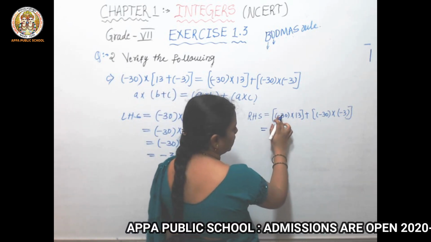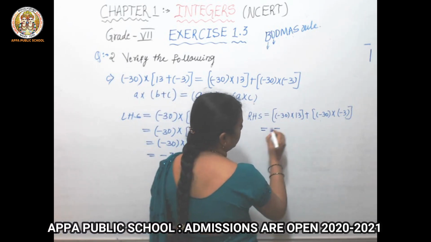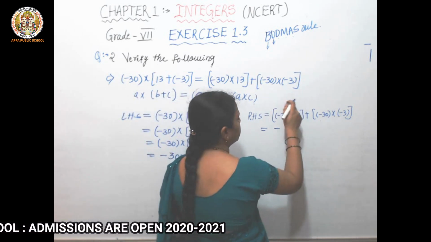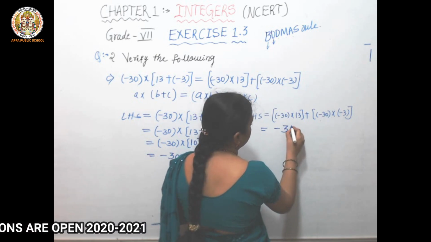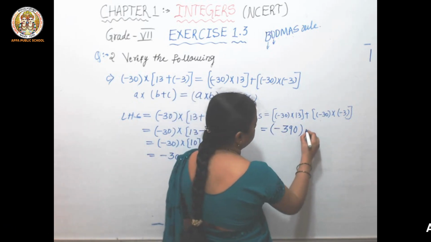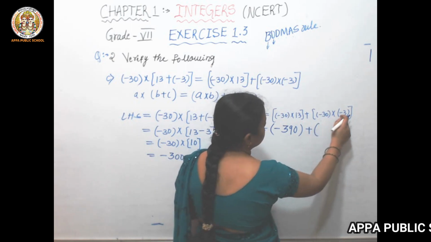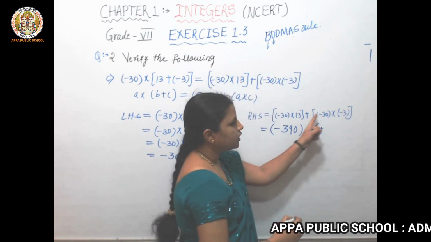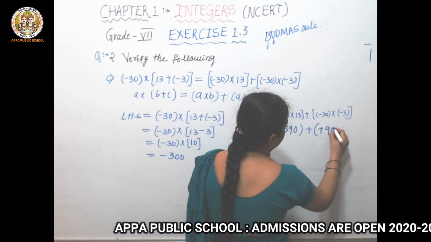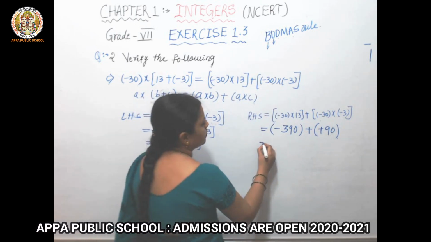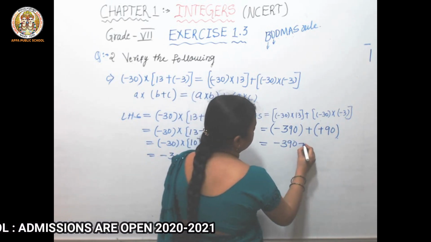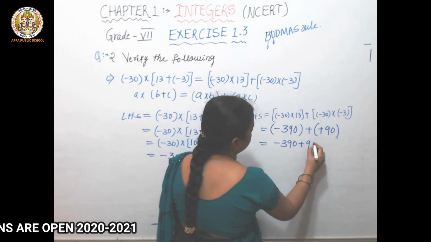Again here, minus into plus is minus, 30 into 13: 3 threes are 39 and this 0 as it is. Plus minus into minus is plus, 3 threes are 9, that is 90. So minus 390 plus 90 as it is.